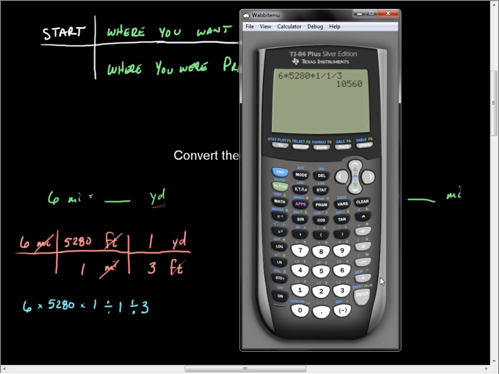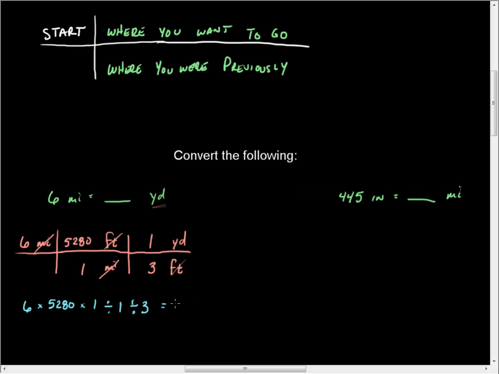I get 10,560. That's the number of yards in 6 miles. Again, this technique, multiply all the way across the top, then divide all the way across the bottom, always works.